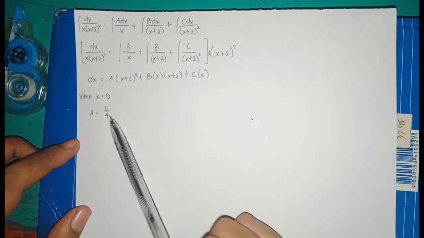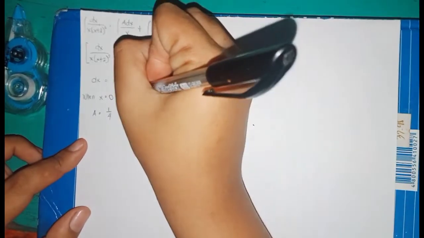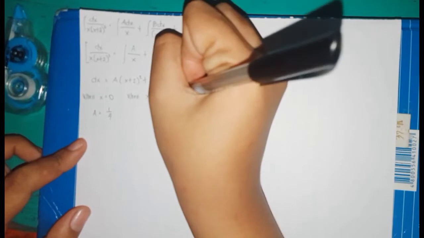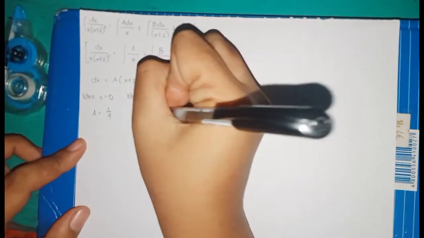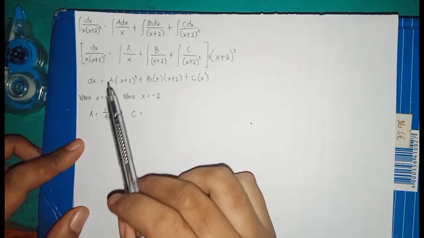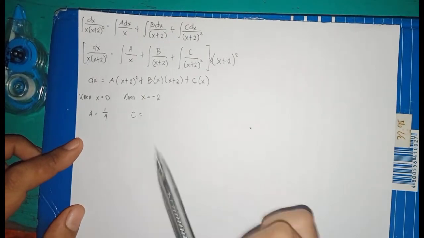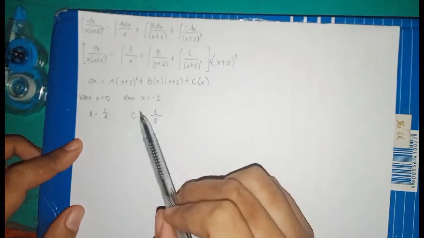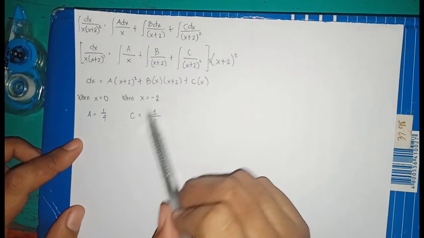So A is equal to 1/4. When x is equal to negative 2, our C will be the numerator 1 over x, which will be negative 2.